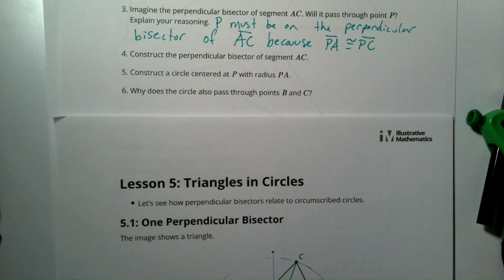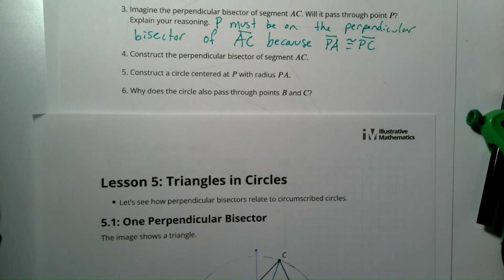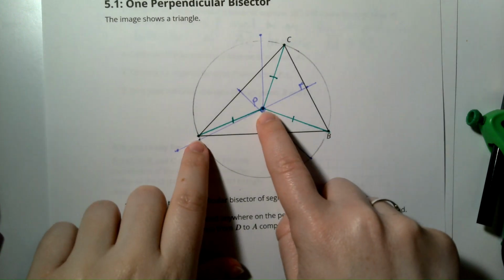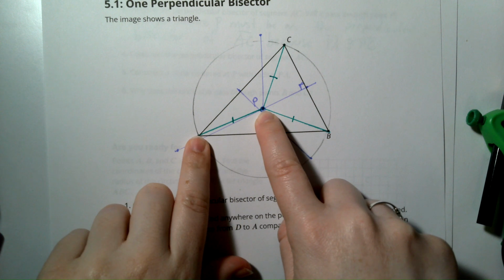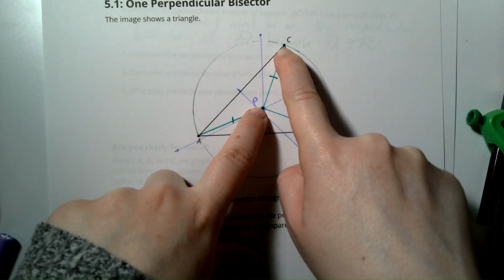So the last question here is, why did that happen? Why does the circle also pass through points B and C? Well, if you think about it, I made PA my radius. We know that PA is the same length as PB and PC.